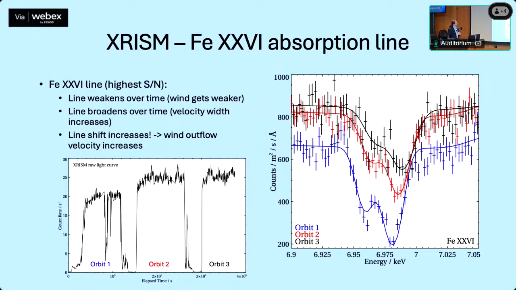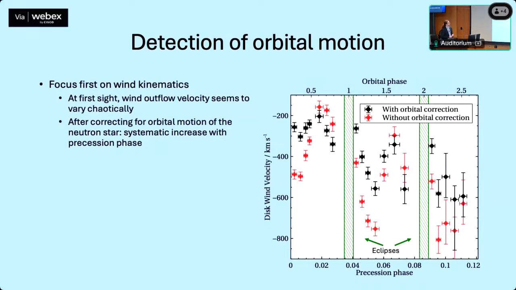So doing this more quantitatively and doing a more involved time-resolved extraction, we can actually start sampling what this wind is doing in more detail. So with previous spectrometers, we could measure that the wind has a velocity of a few hundred kilometers per second.